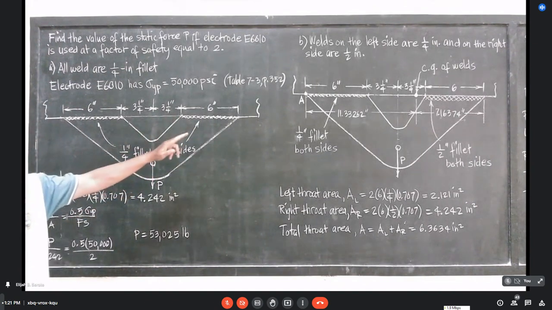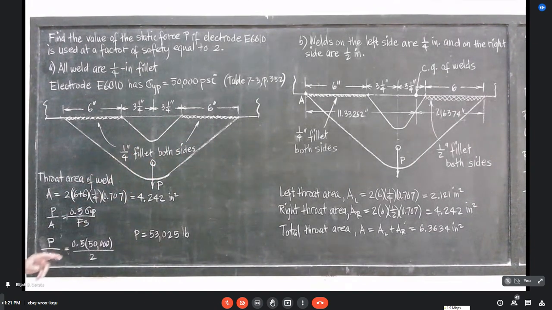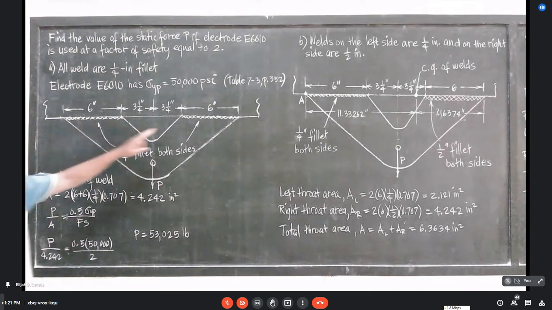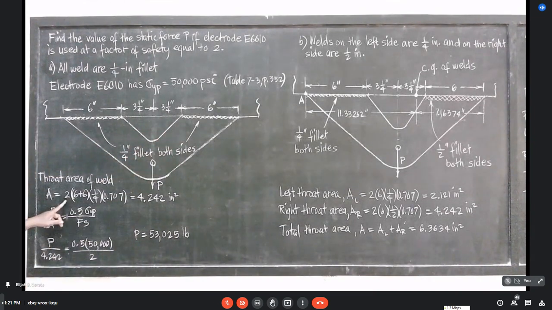But since this is a fillet, there should be a 0.707. So 6 plus 6, 6 plus 6, times the size of the weld times 0.707. This is our throat area.